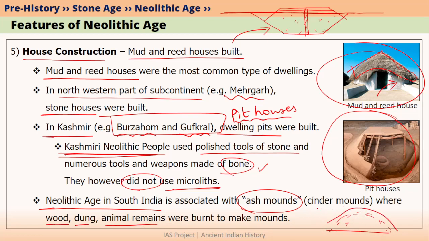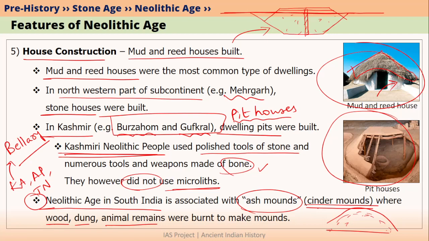They were also sometimes called cinder mounds. These ash mounds are mainly found in Karnataka, Andhra Pradesh and Tamil Nadu today. For example, in Karnataka, we find ash mounds in the Bellary region.